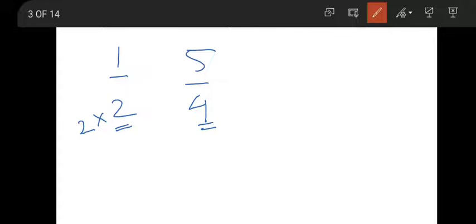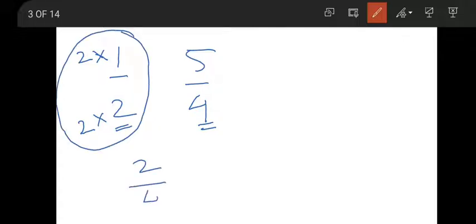Whatever we have done to the denominator, the same will be done to the numerator. So we will multiply this numerator with 2 only. The answer for this will be 2 1s are 2 upon 2 2s are 4. The second fraction will be as it is, that is 5 upon 4.